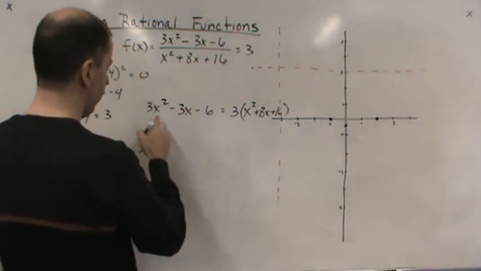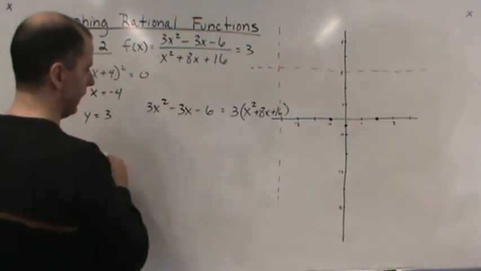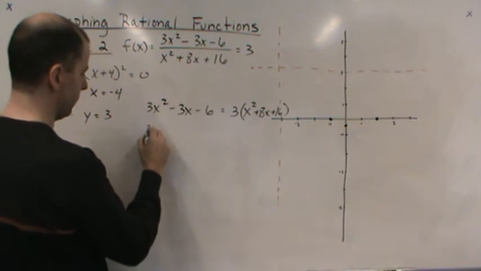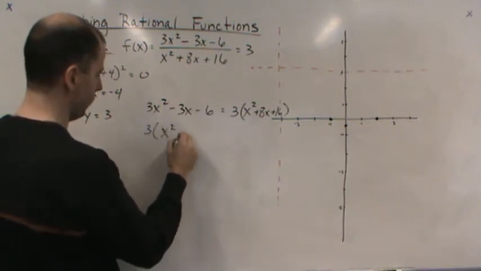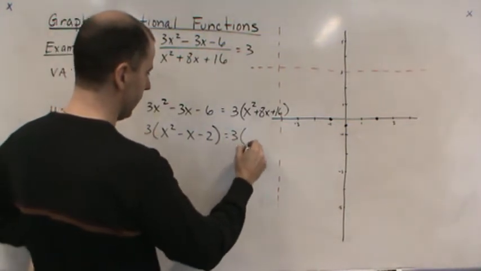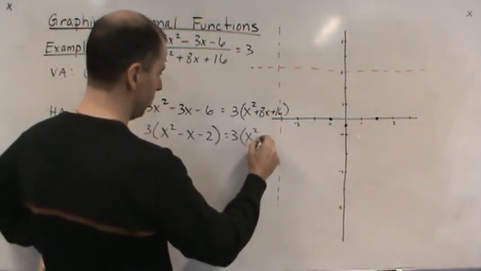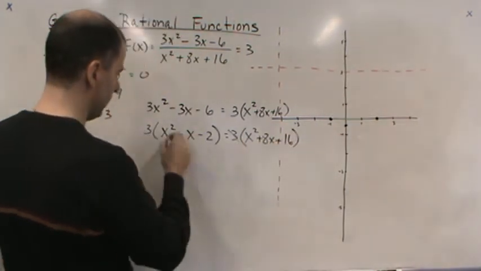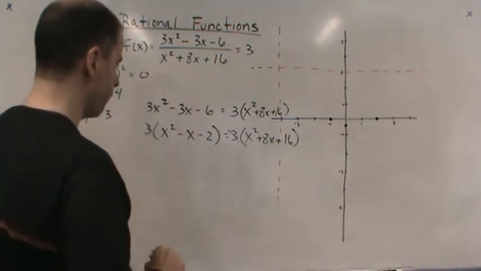And so now we can factor out a 3 here, and the 3's will cancel, just like we did before. So this is x squared minus x minus 2 is equal to 3 times x squared plus 8x plus 16. So these 3's will cancel.